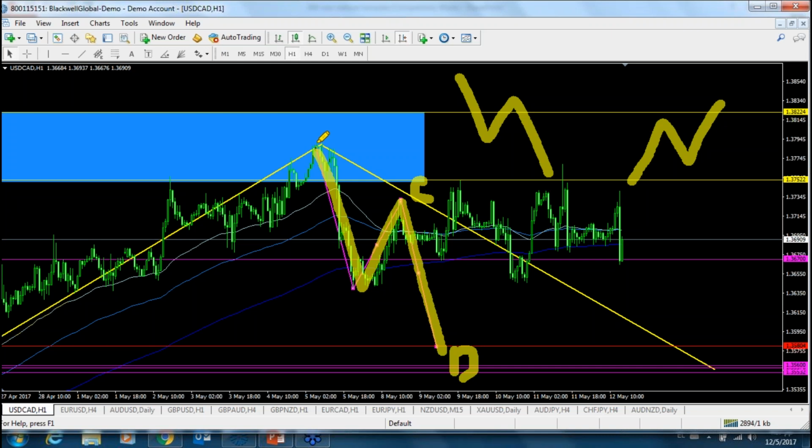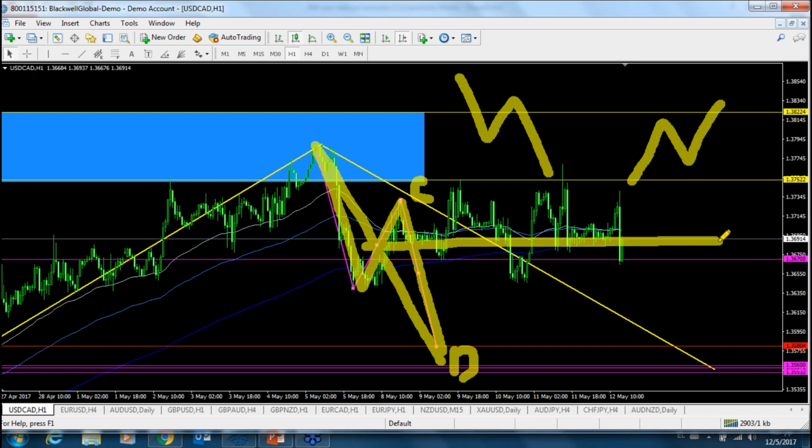The centroid is when I convert this ABCD pattern and I draw a line like this. I get a center point. This center point is an indication that when prices go under that area, only then would I consider a trading area for a sell. Okay, but of course we need to tweak it based on psychological numbers. We need to look at the level of risk and a couple of other things.